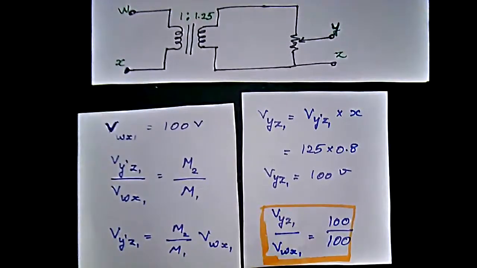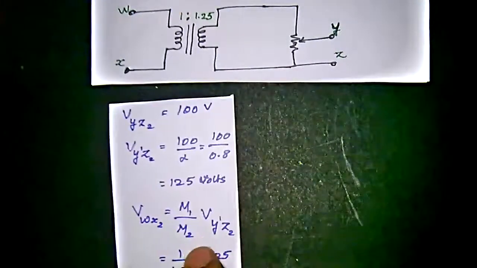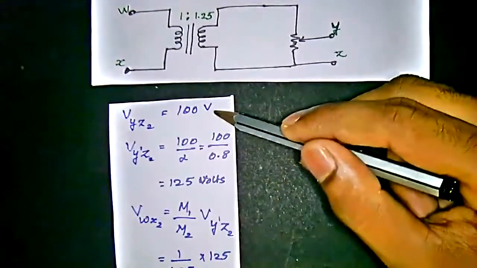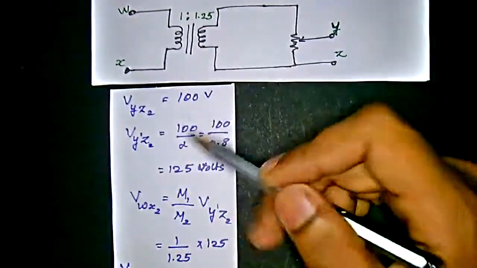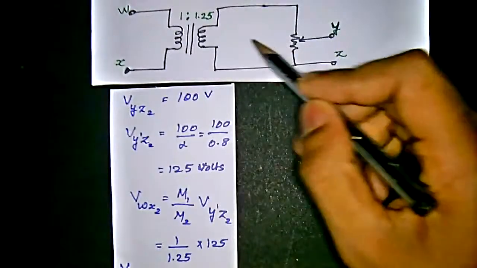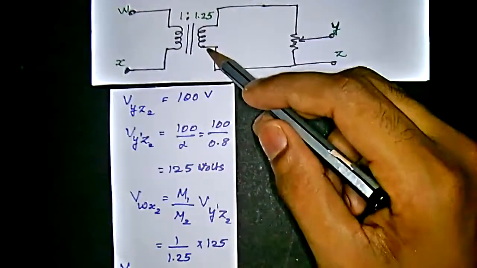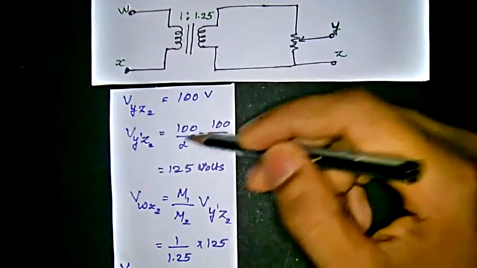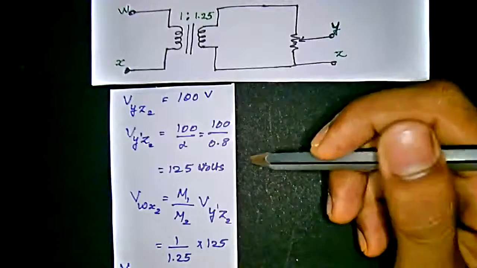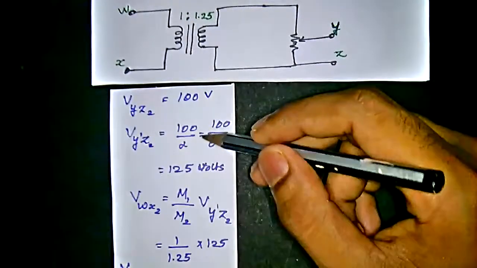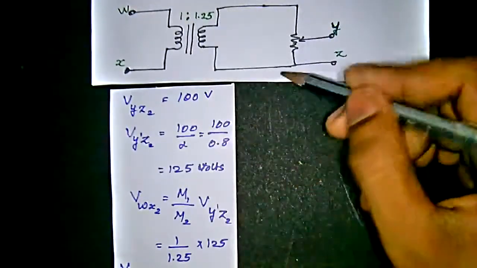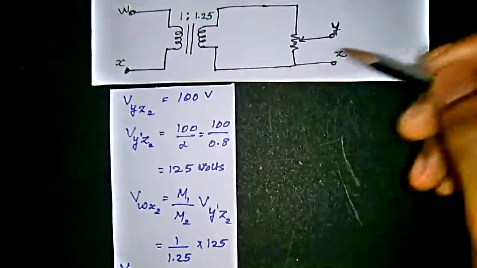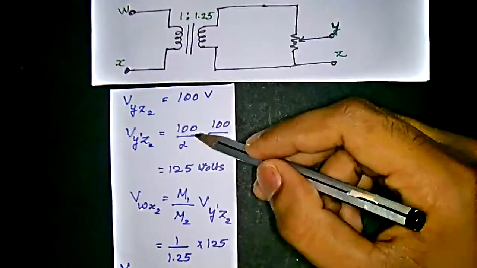Now the second case, where YZ has the input voltage of 100 volt, which is AC voltage. It is attenuated first, then goes to the transformer primary turns, and then to the secondary turns. Here we divide by the attenuation factor, because it is attenuating on the opposite side.